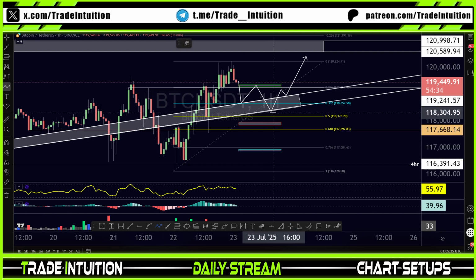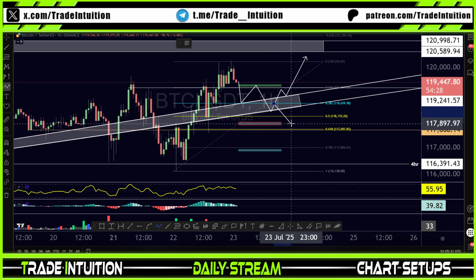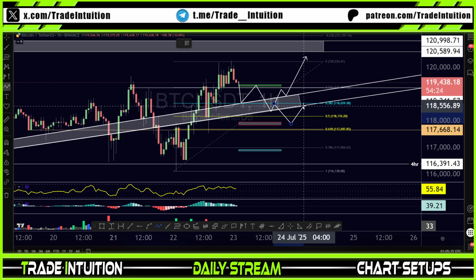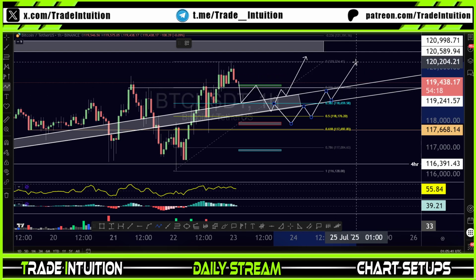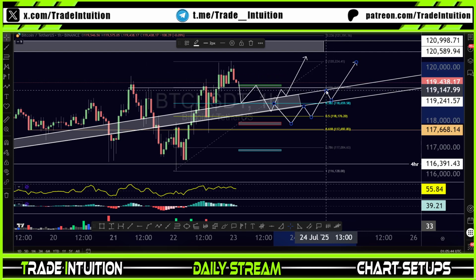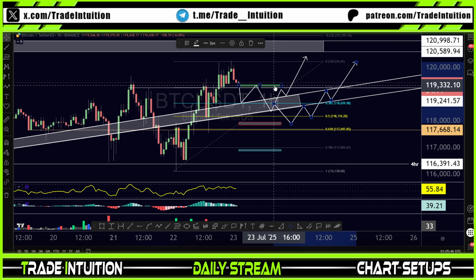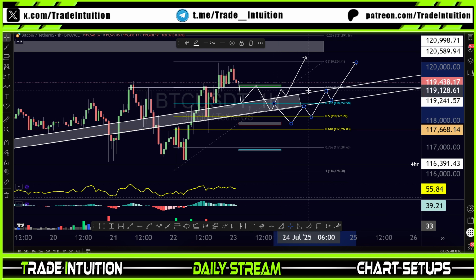If we break this level, potentially coming down to our point of control zone, this would give us another shot and potentially get rejected here in this zone, coming back down to the 0.5, and then starting to come up again. And again, this would be right where the value area high zone is as well.